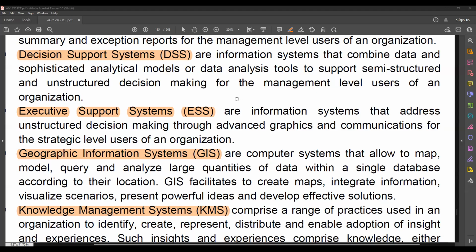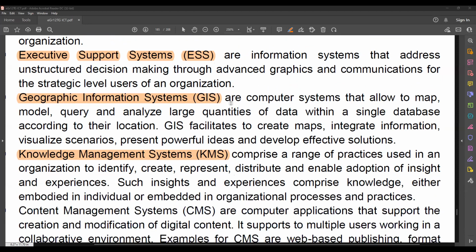Okay. So executive support system, like in management, it supports the executives, usually in an organization, those who make the decisions at organization level, we call executives, right? In any large organization, we have executives.